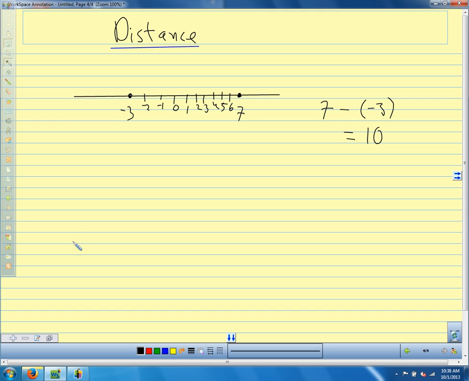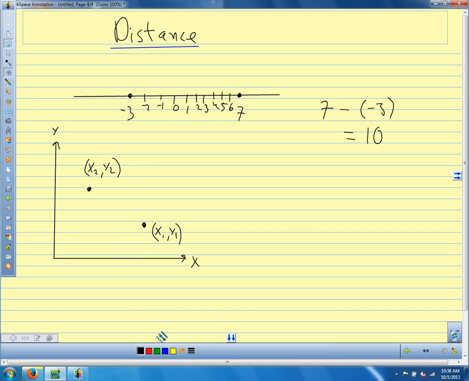But if we have 2 points on the plane, like we did with our midpoint, here are our axes, our x and y axis. I'm going to call the coordinates of this one x1, y1, and the coordinates of this one x2, y2, like we did before. We need to find the distance between these two. We can't just count spaces now because it goes on this diagonal.